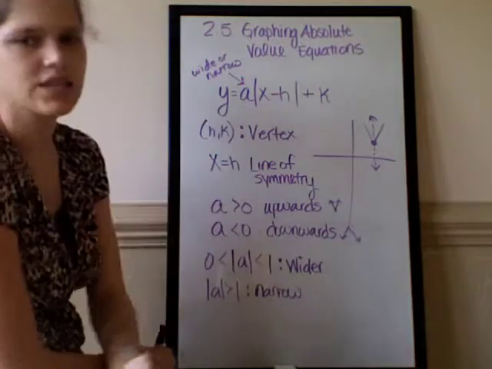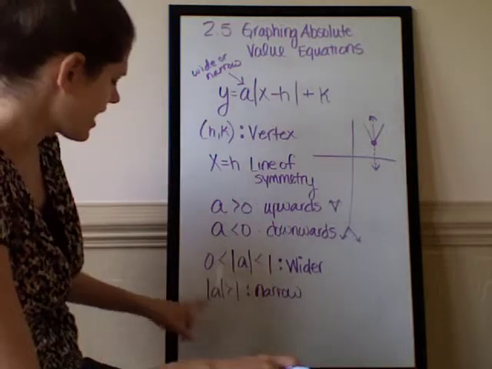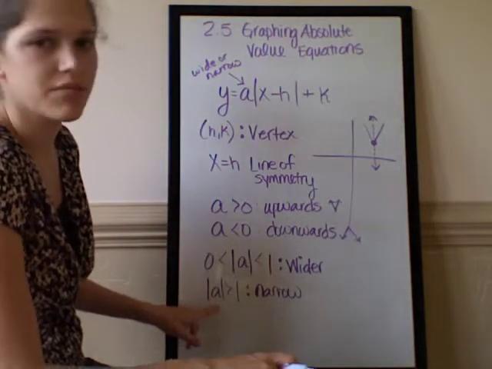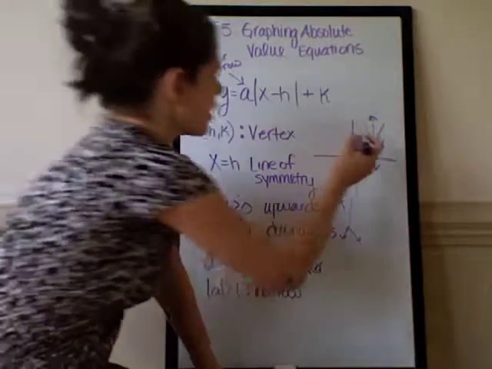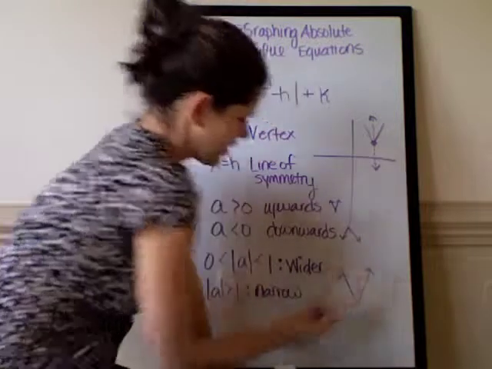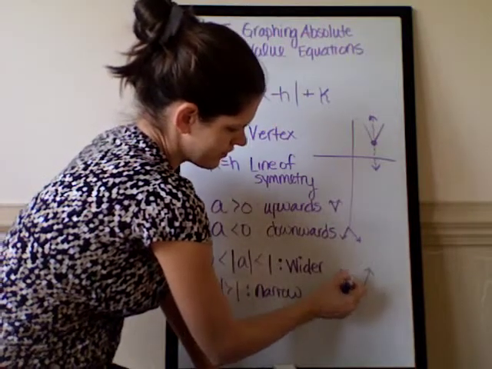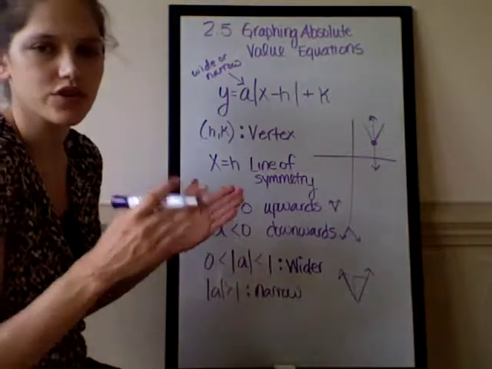A is basically your slope. And if you think about slope, if my a is large, that means that I'm rising faster than I'm running. So if this is my graph, and I'm rising faster than I run, that means that my graph is going to be more narrow.